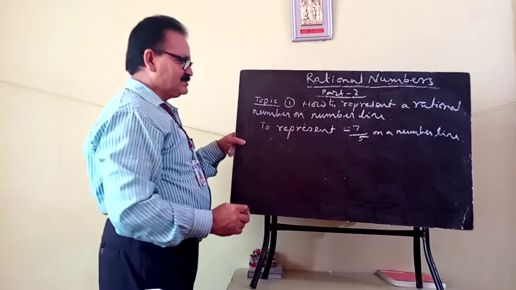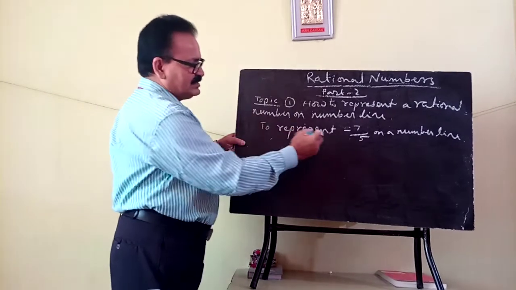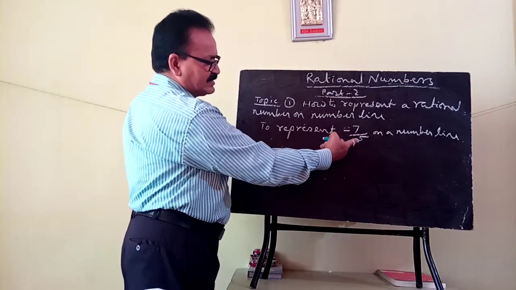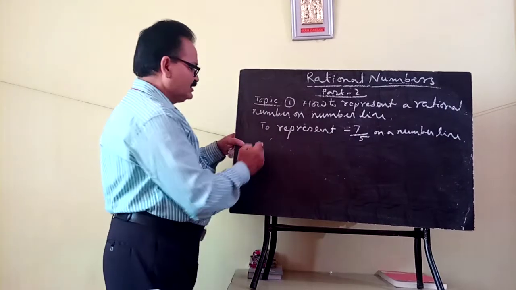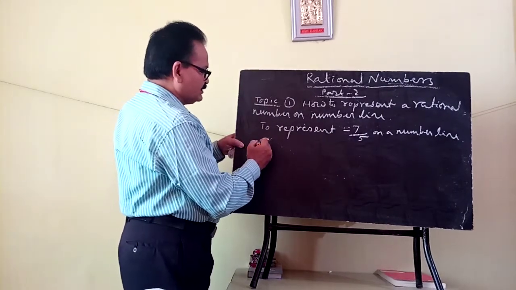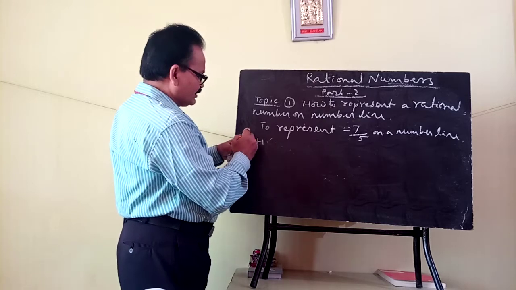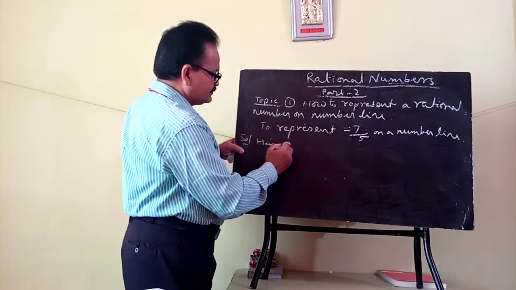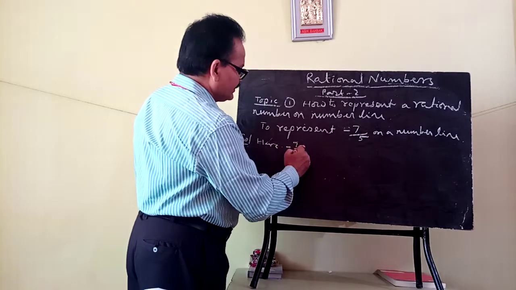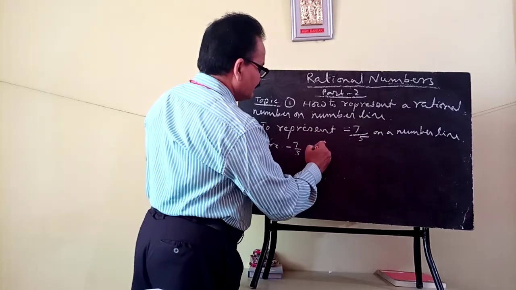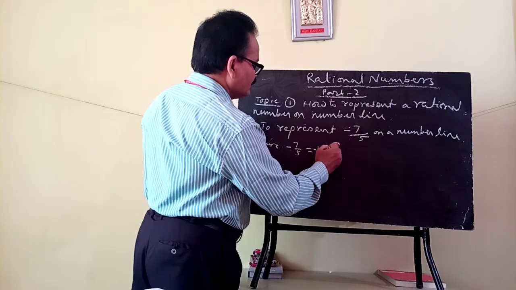In this case, you see that the numerator is greater than the denominator. So you first do one thing. For your solution, you write here minus 7 by 5 equals minus 1 2 by 5.